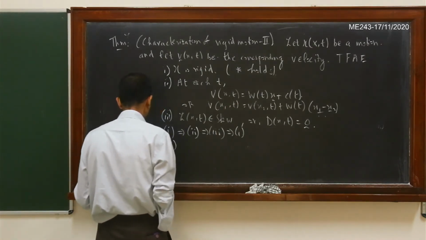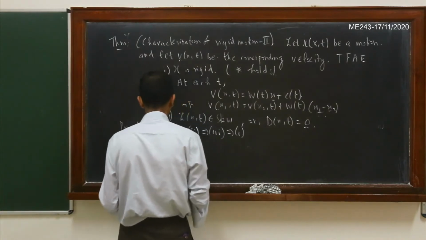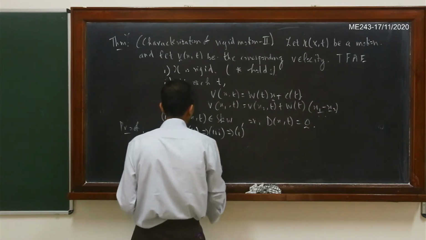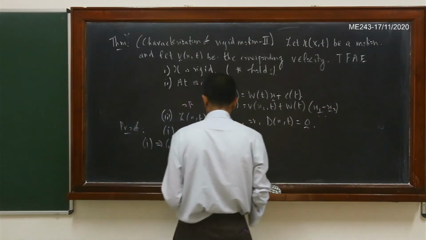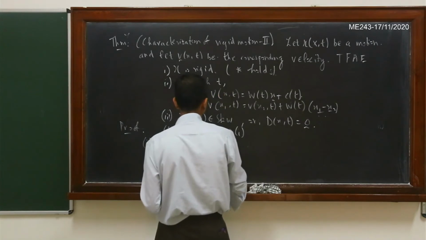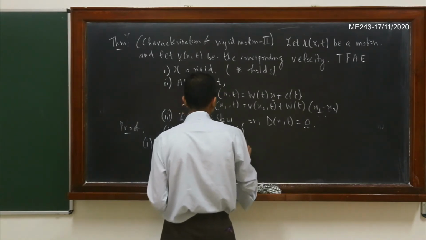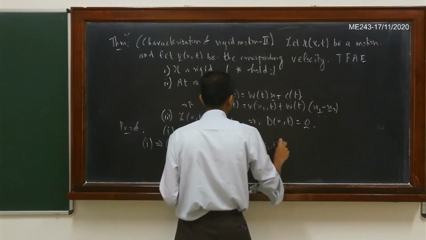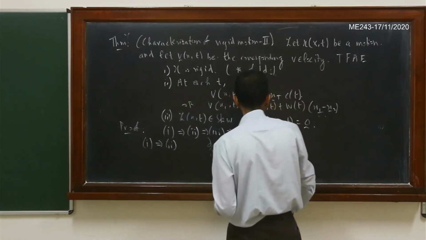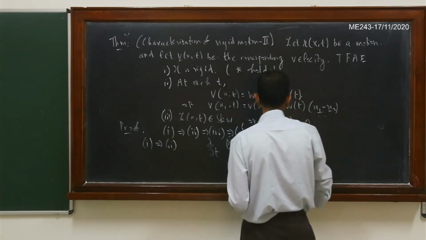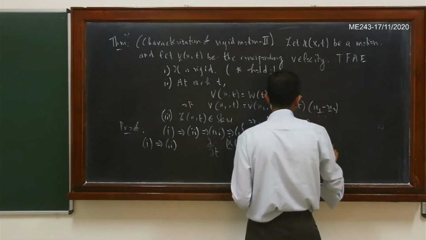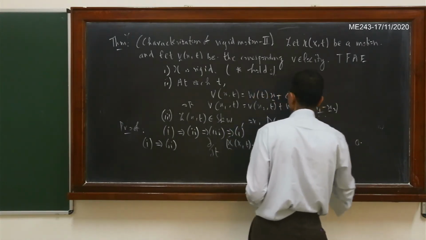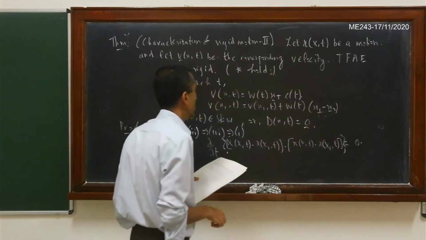So if I rewrite del by del t of chi of x1 comma t minus chi of x2 comma t, dot chi of x1 comma t minus chi of x2 comma t, is equal to 0, this is the time derivative being equal to 0.